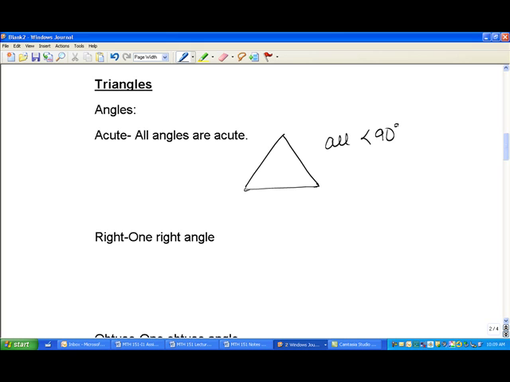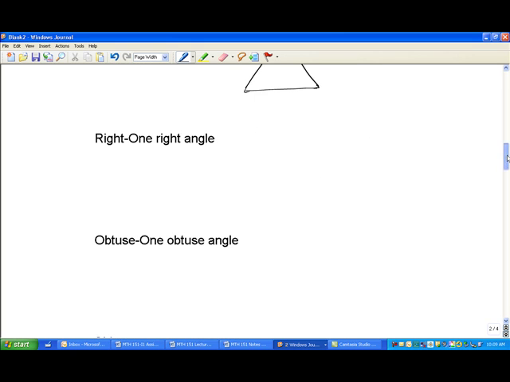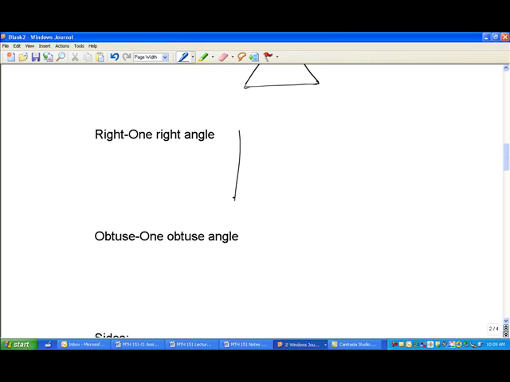So that's one way we can classify a triangle, by angles. And the second way we can classify by angle is a right triangle. It has one 90-degree angle, which we designate with the little square there. So that would be an example of a right triangle.